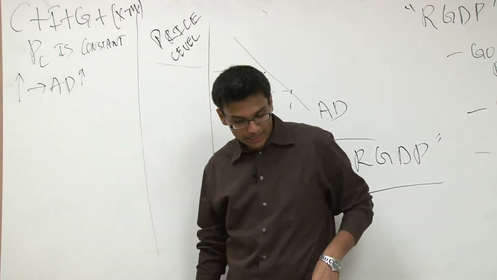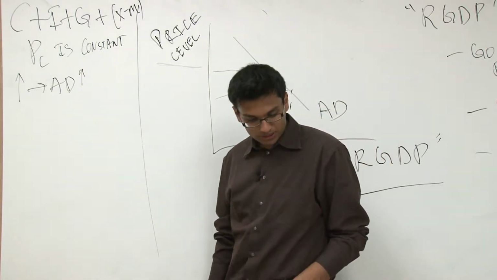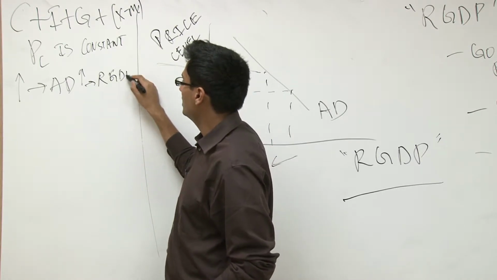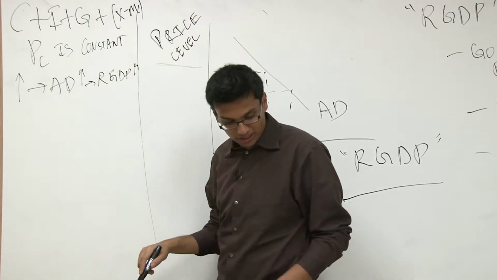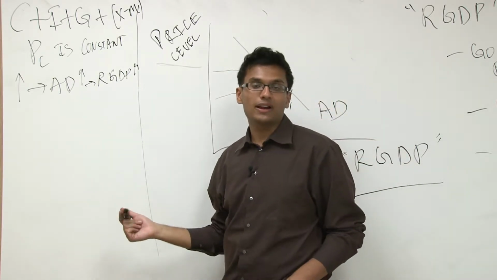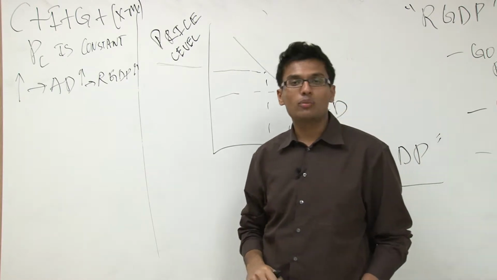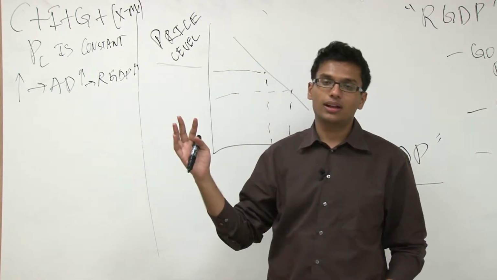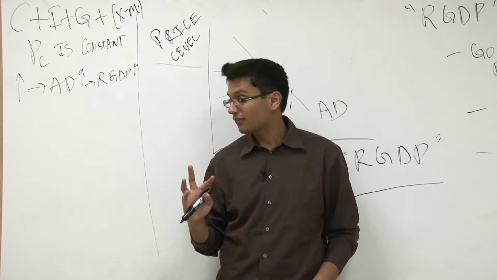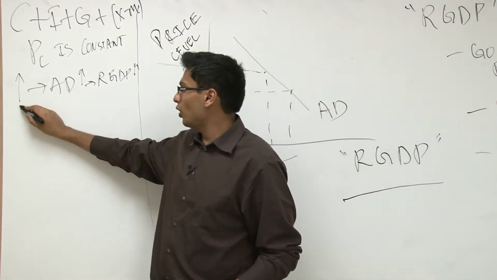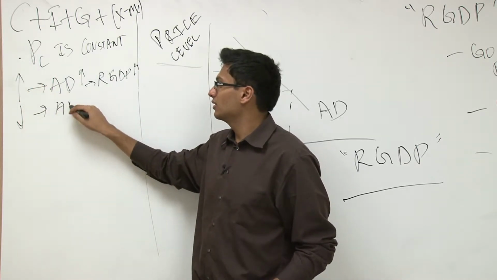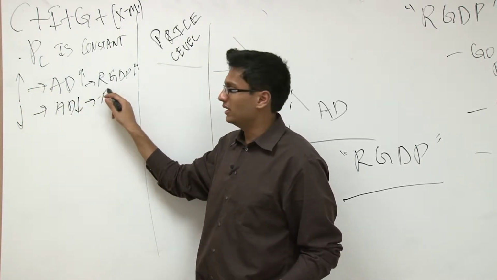So AD goes up, my RGDP goes up, and things are good from there, because you have more employment, your economy is doing a lot better, output is increased, and people are in general better off. Now, if all of these, holding price level constant again, go down, then AD goes down, and then your RGDP goes down.